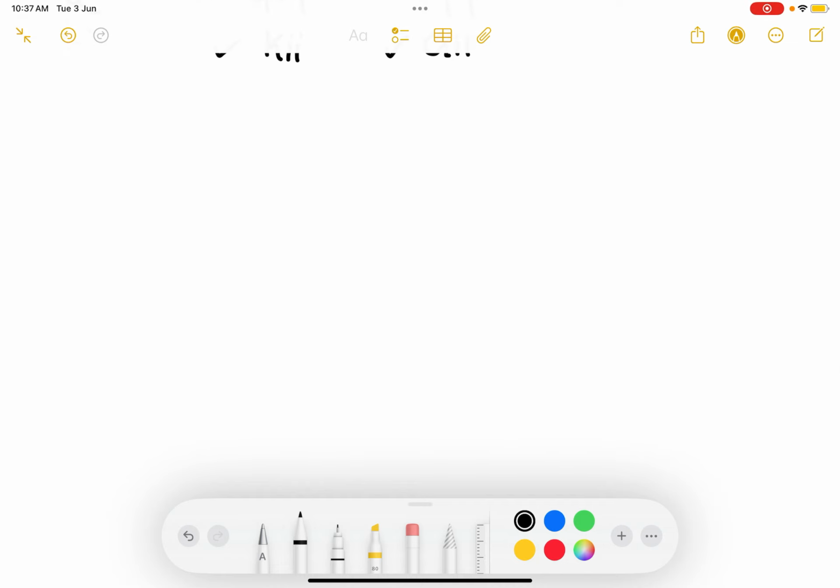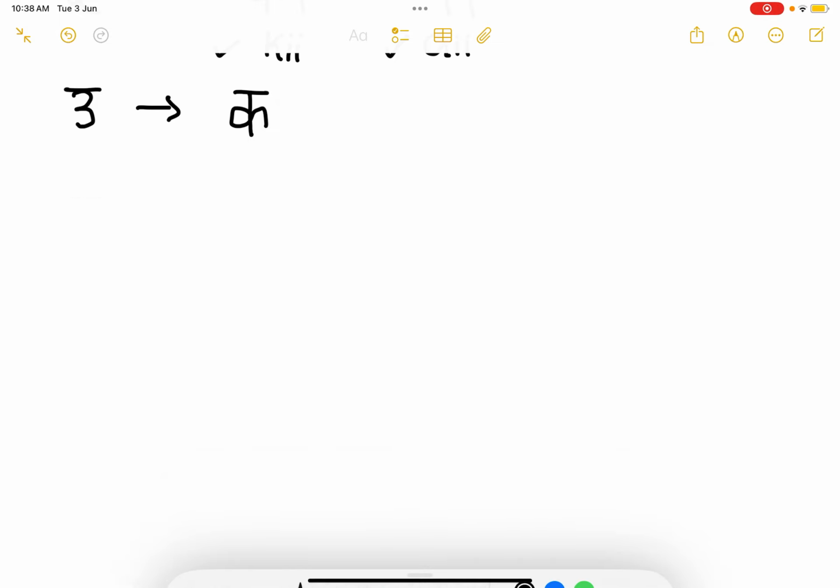Let's go to the next vowel, u, short u or chota u. This is the vowel. Let's see how the matra is placed. I am taking ka as the base letter. By a base letter, I mean that you can take any consonant and then you can understand where to place the matra. So this is ka. If I have to put the chota u matra, I do it here.